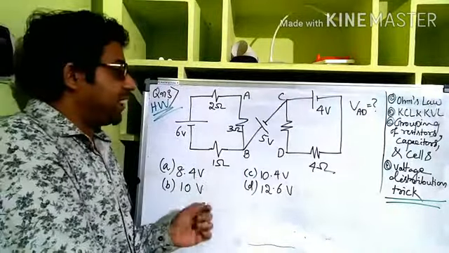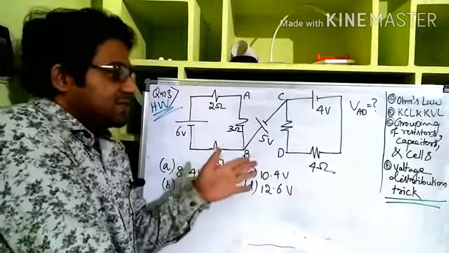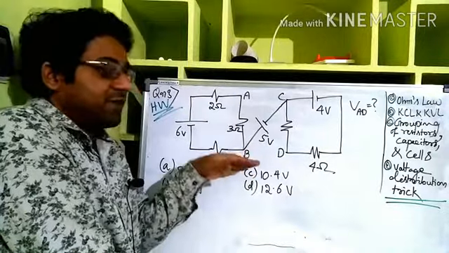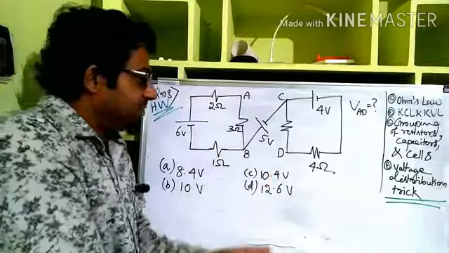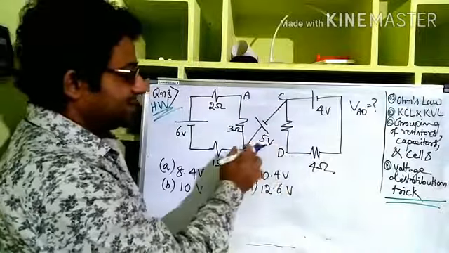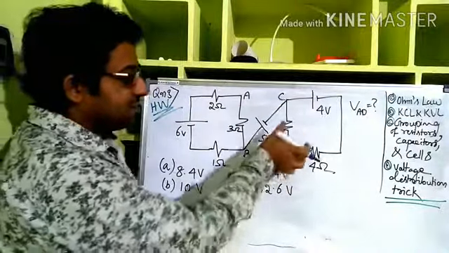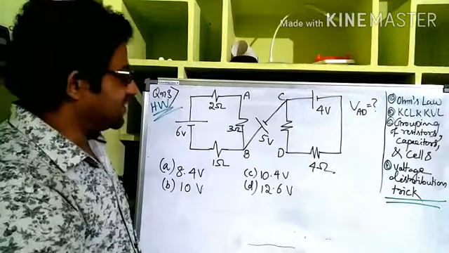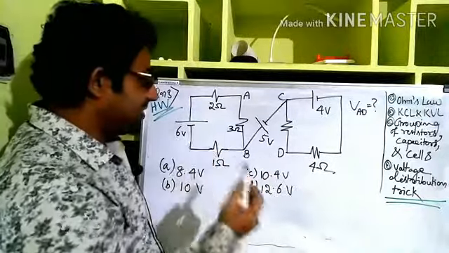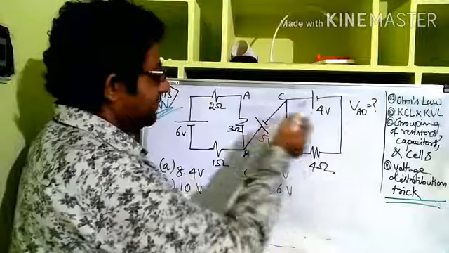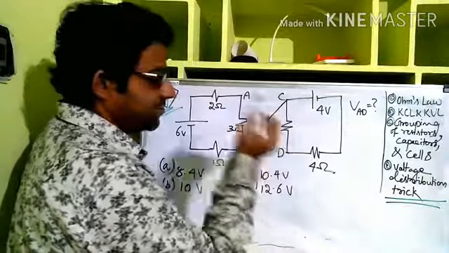Now take this problem as homework, just exactly what kind of problem we had to solve. The similar problem is this, so only a little alteration has happened with the numbers, and the resistors are rearranged here and there. Find out the potential difference between A and D is the question.